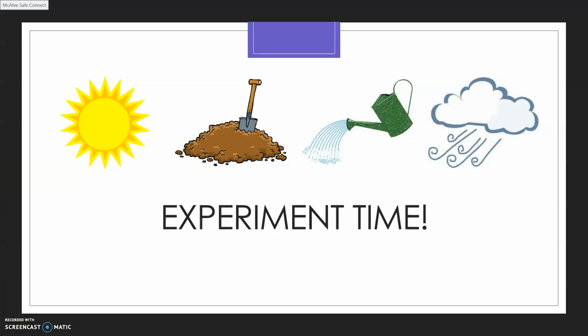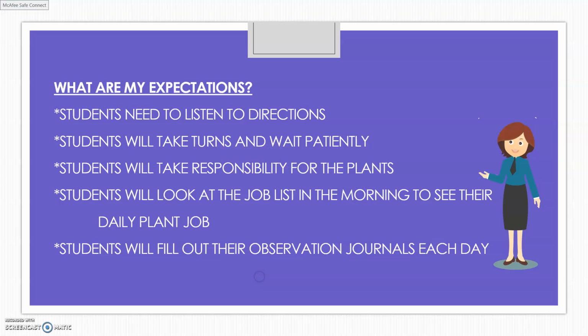You guys, it's experiment time. That's the best part of being a scientist. So before we begin our experiment, what are Mrs. Kelgy's expectations? All of my students need to listen to the directions. My students will need to take turns and wait patiently.